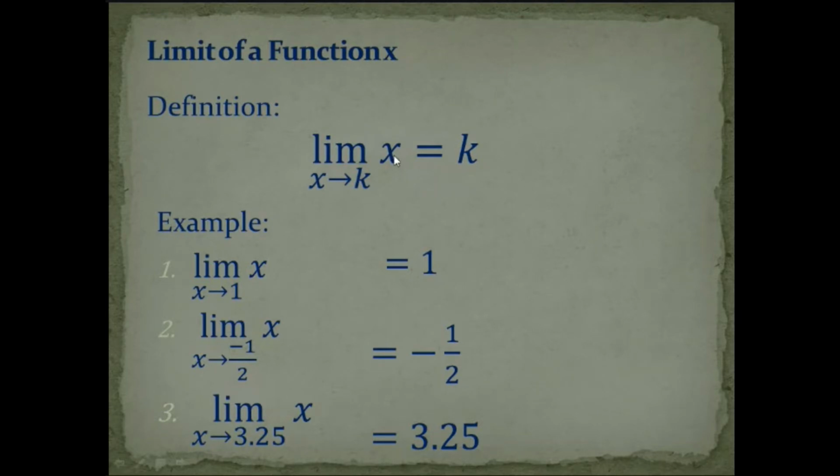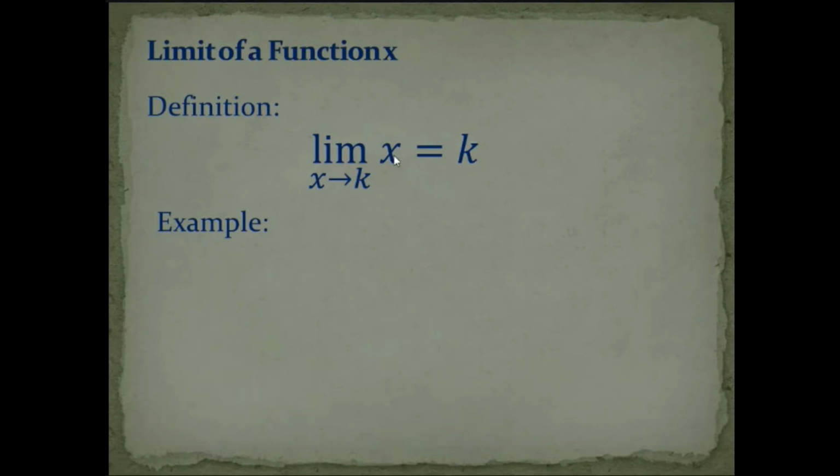Okay, it's your turn. What is the limit of x as x approaches 2? Okay. The correct answer is 2. For number 5, what is the limit of x as x approaches 5? Okay, very good. Okay, the correct answer is pi. 6.